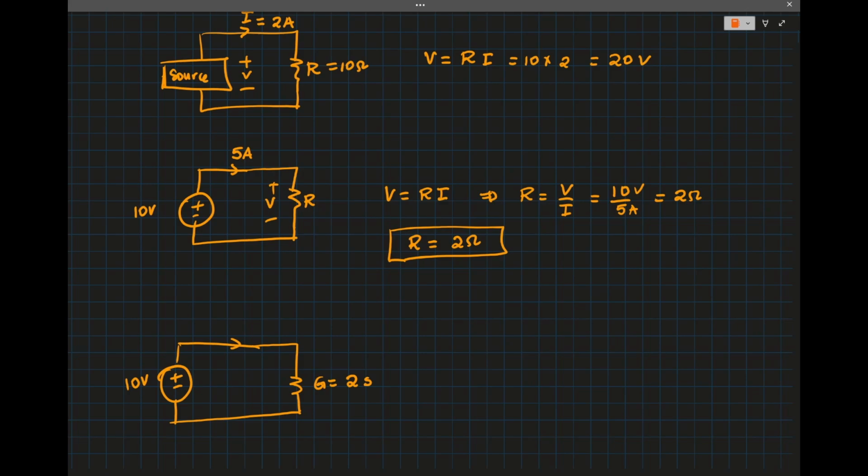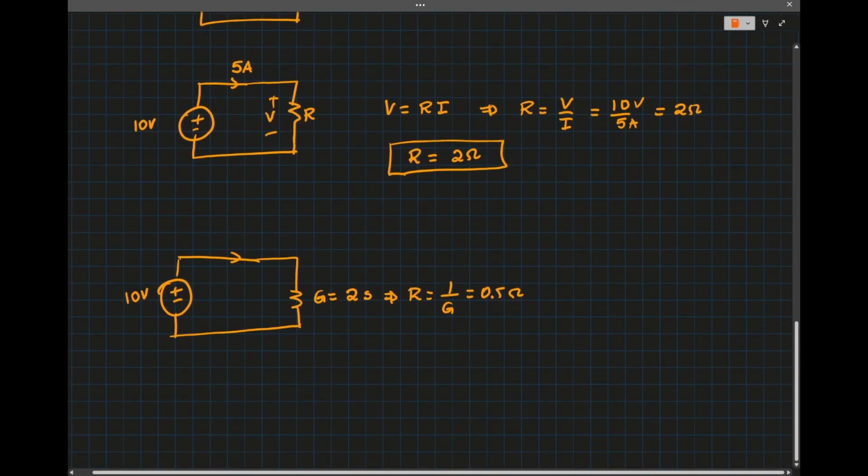Okay, you're given the conductance. So that means we can find the resistor value, which is 1 over G, which is 0.5 ohms.